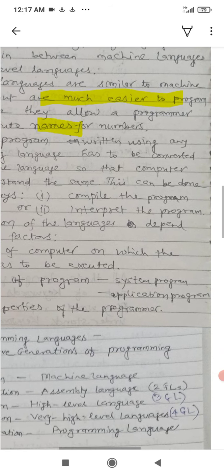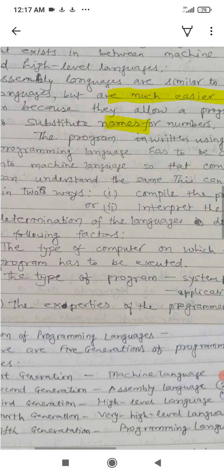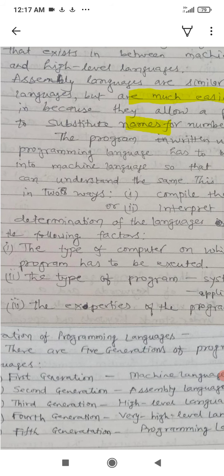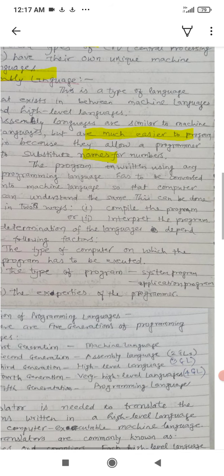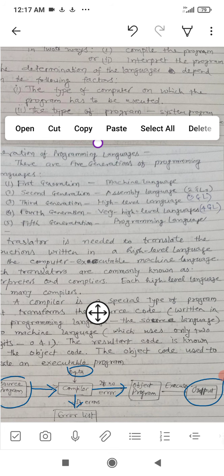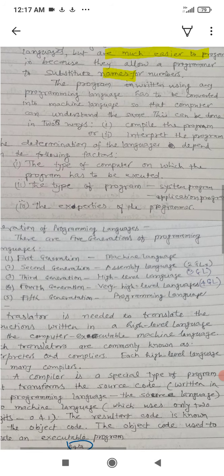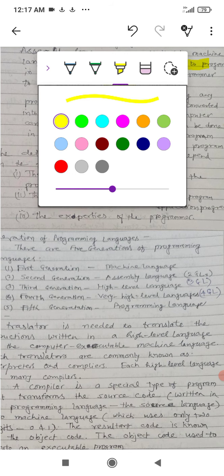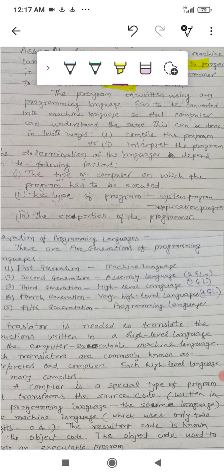The program written using any programming language has to be converted into machine language so that the computer can understand the same.